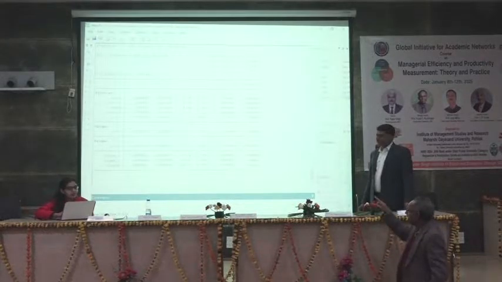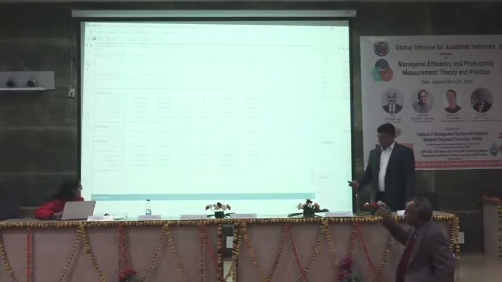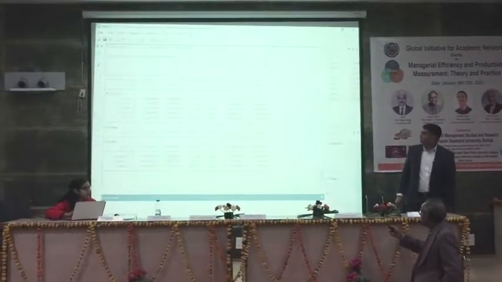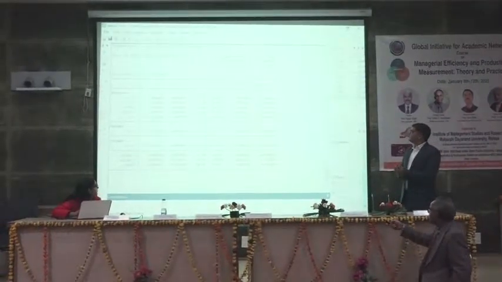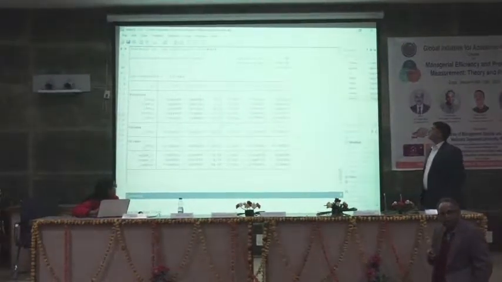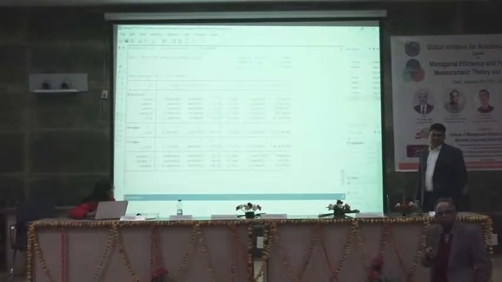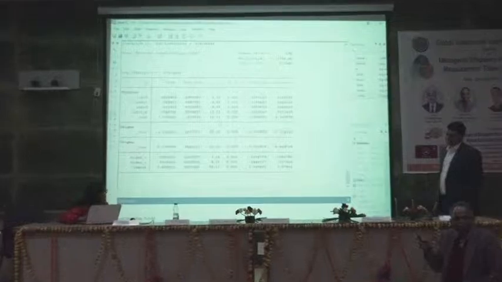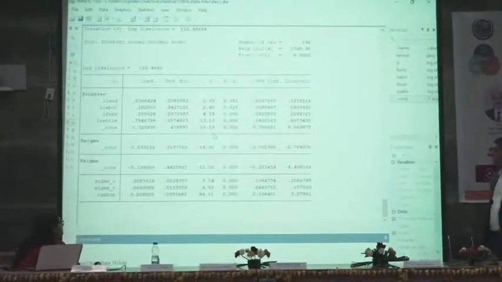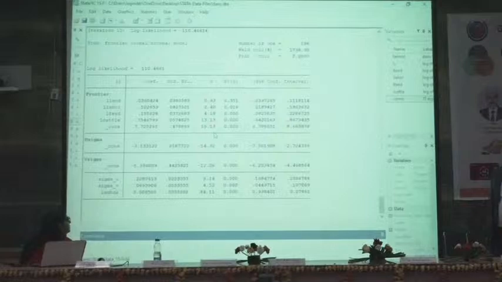Okay, so what is happening, just look at the coefficient. If you're looking at land, there's a positive sign, that should be the case. It was negative before, and that's counterintuitive. Land cannot have a negative effect on output, right?